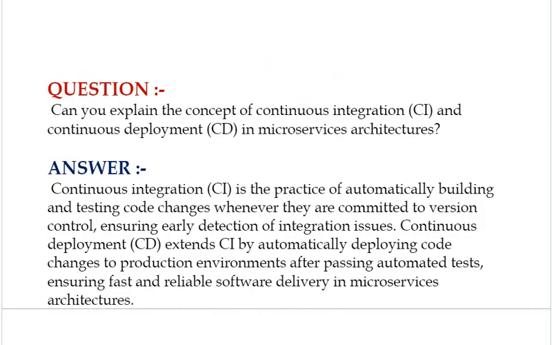Our interview question based on DevCore is: can you explain the concept of continuous integration (CI) and continuous deployment (CD) in microservices architectures? Your answer should be: continuous integration (CI) is the practice of automatically building and testing code changes whenever they are committed to version control, ensuring early detection of integration issues.